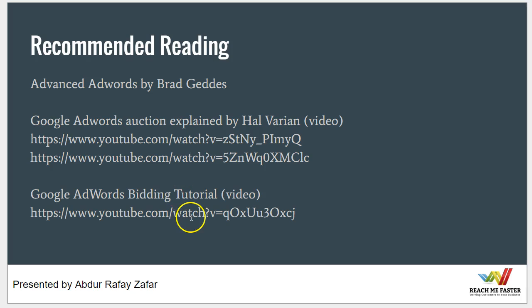This tutorial talks about e-commerce, but it is useful for anyone who wants to understand maximizing profit, and what should be the maximum bid to maximize the number of leads. In the case of a dentist, maximize the number of calls. What should be the maximum bid for any particular ad group or keyword. So you should watch this video as well.